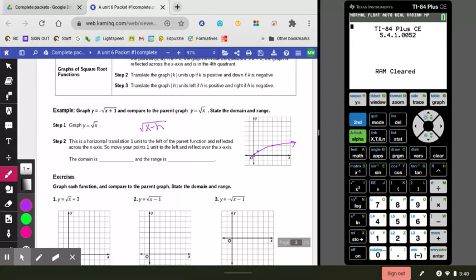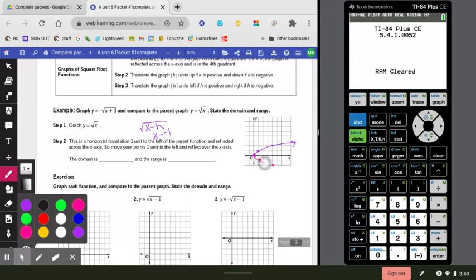So since it's x plus 1, that's x minus negative 1. So h is negative, so we go left 1 and reflect it over the x-axis. So reflecting over the x-axis brings us down. So when we reflect over the x-axis, we get 0, 0, 1, negative 1, 4, negative 2.